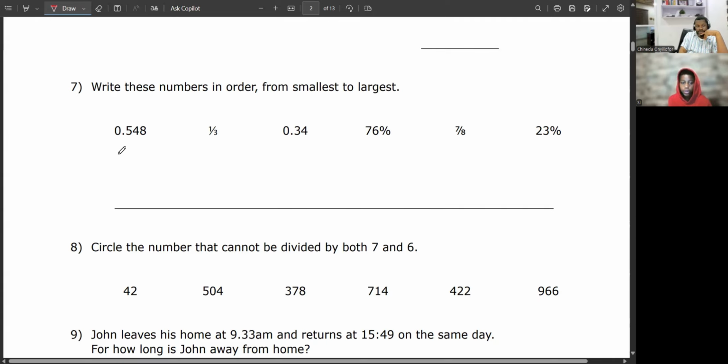Well, most of them are in percentage, but you could do decimal because once you turn a fraction, it instantly turns into a decimal. So you can either change them to decimals or percentage, whichever one is convenient for you.